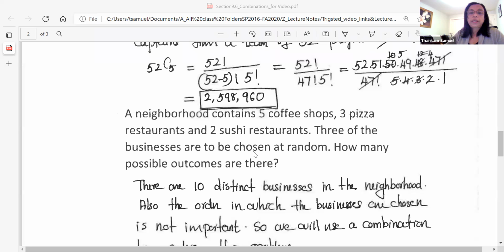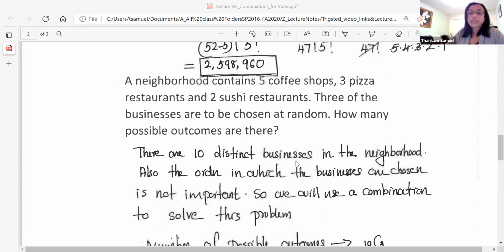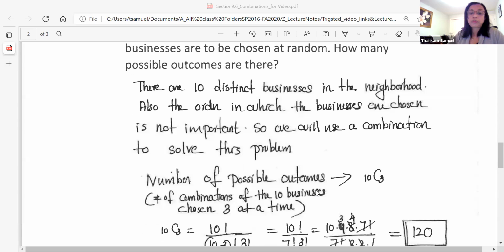So out of the 10 distinct businesses, we have to choose 3 of them. So there are 10 distinct businesses, and the order in which the businesses are chosen is not important. So again, this is a combination problem. We can use the combination formula to solve this problem.